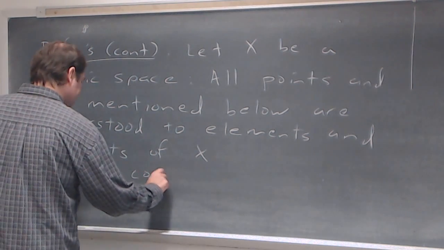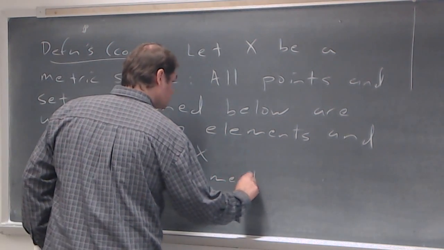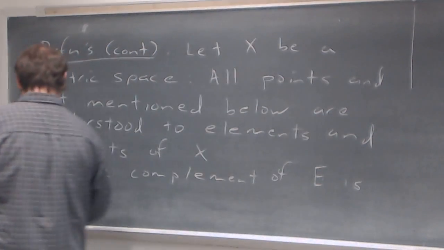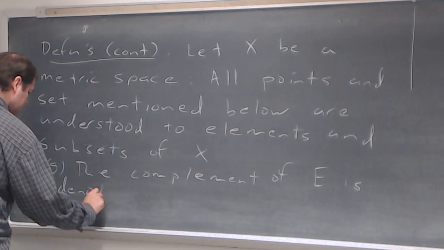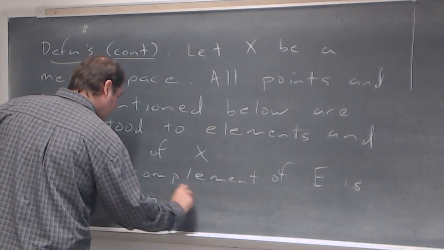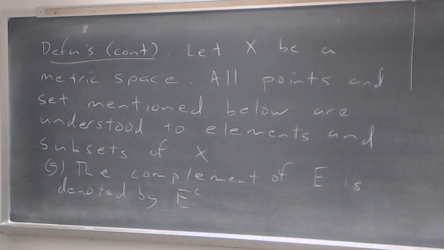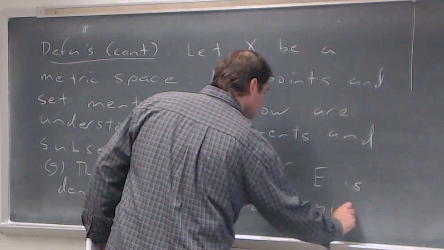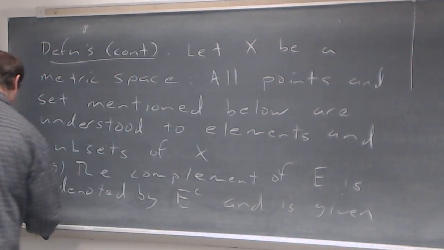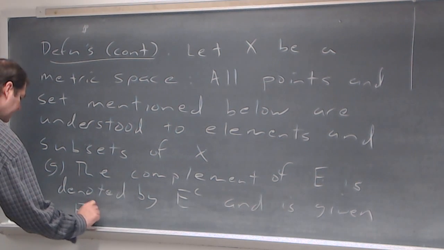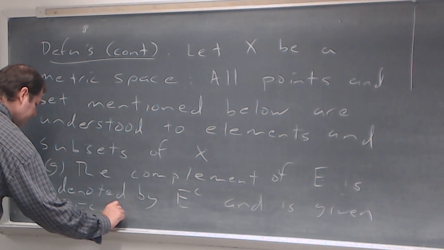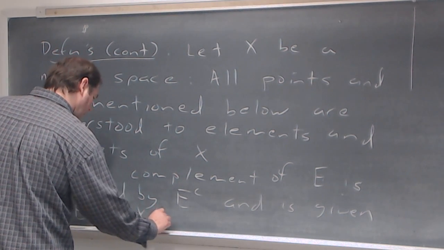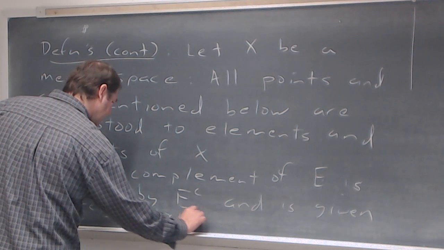It says the complement of E is, and this book denotes it by E with superscript C, and it's given by E complement is equal to all the little x in big X such that x is not in E.